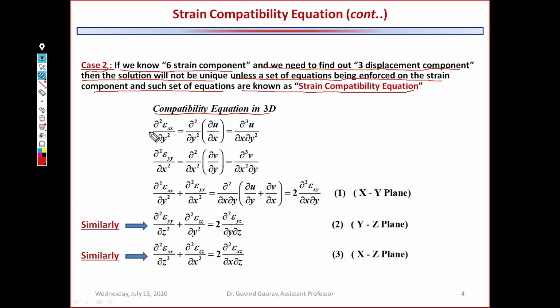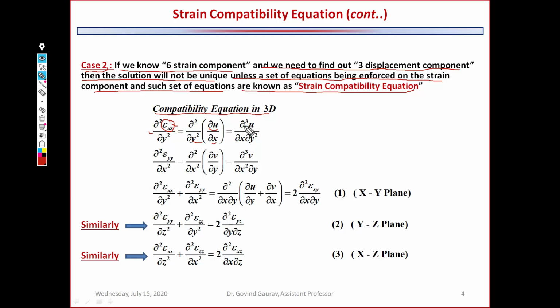For that, we can partially differentiate the strain acting in the x direction. We know this strain epsilon xx is the partial derivative of u with respect to x.